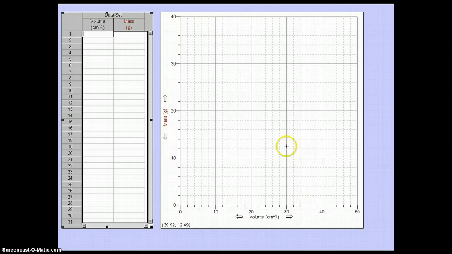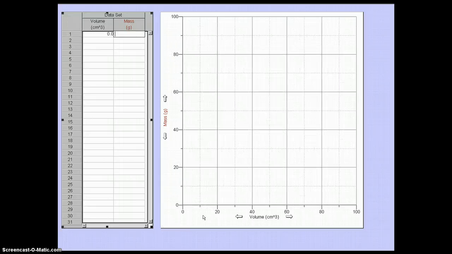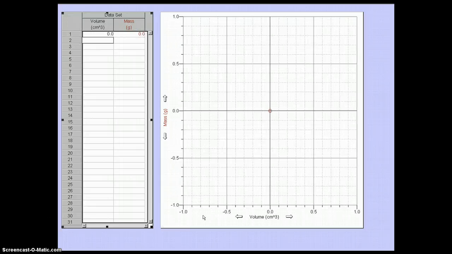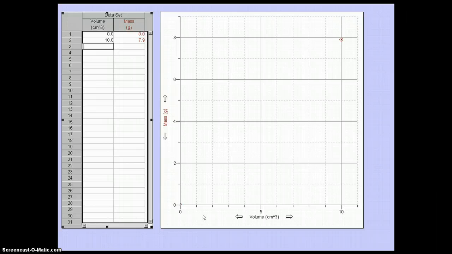For you, you can go ahead and start plotting points. My points are going to plot automatically as I type in the data. So at a volume of 0 centimeters cubed, I got, of course, no mass. And continuing on.